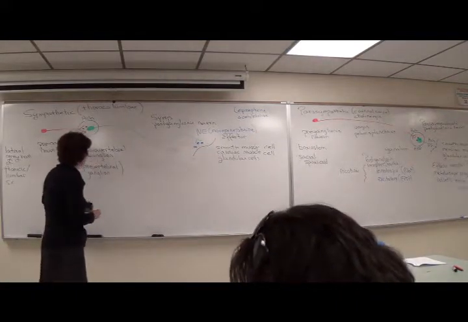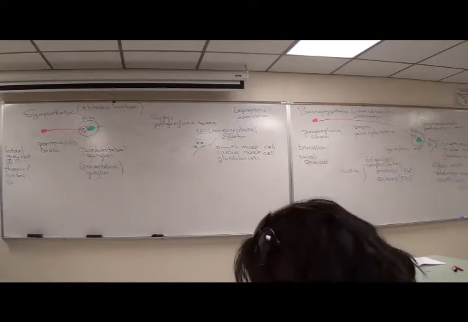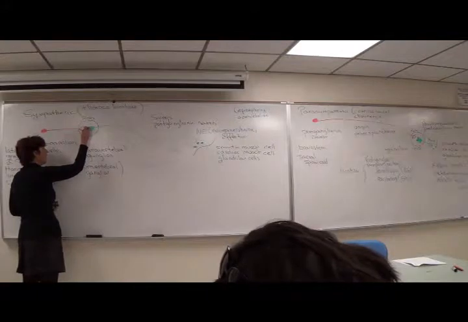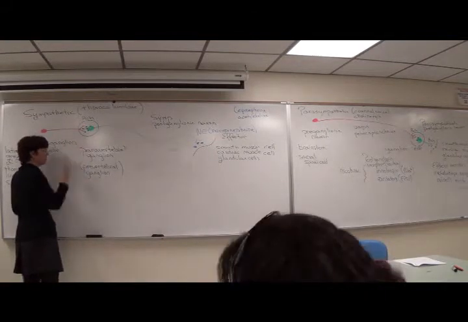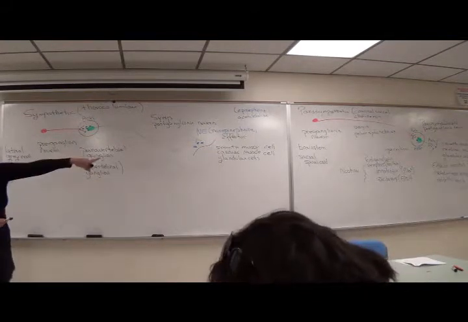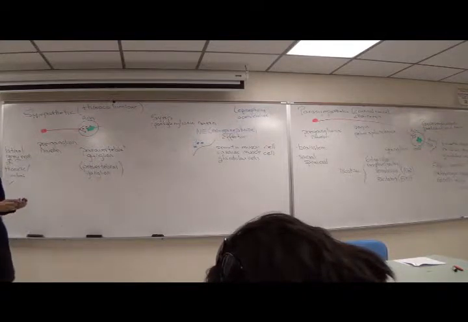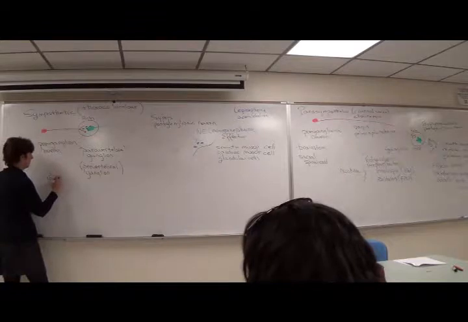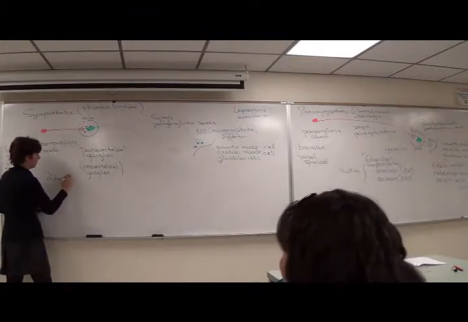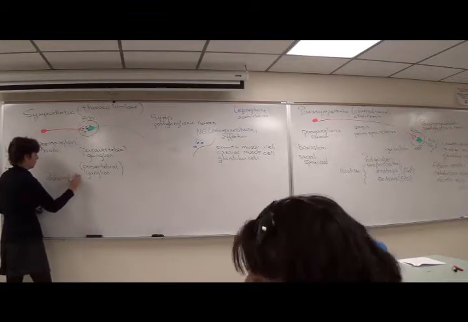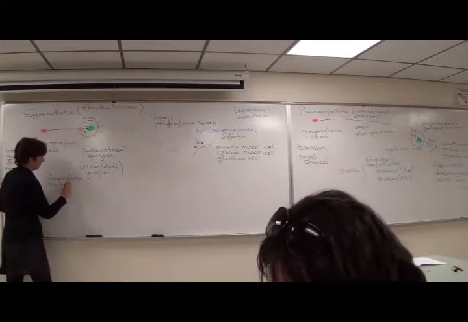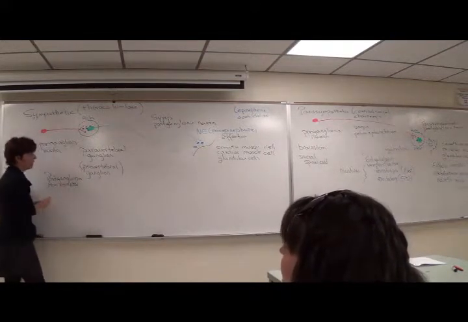Now, receptor. What is the receptor for acetylcholine on our postganglionic neuron? Exactly the same. So the postganglionic acetylcholine receptor is ionotropic.